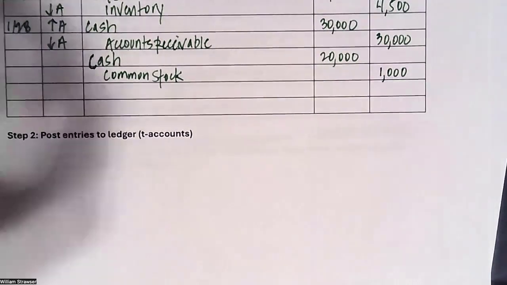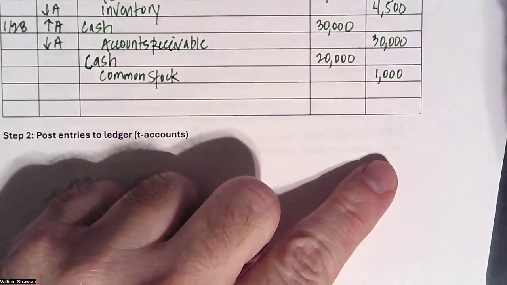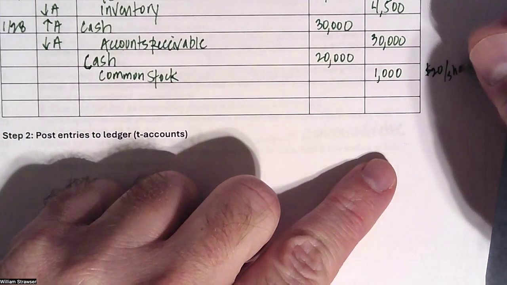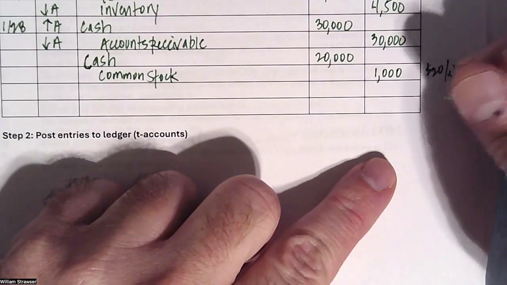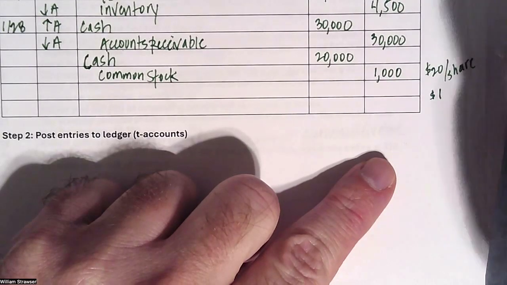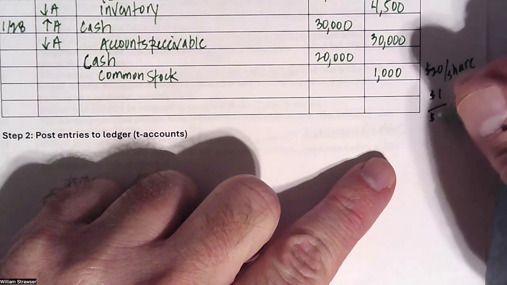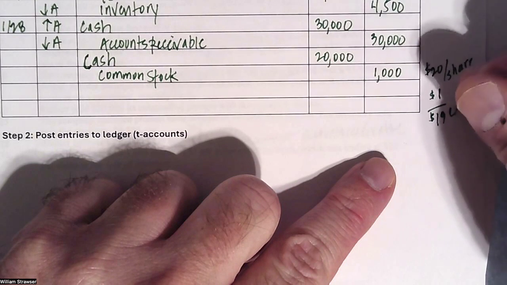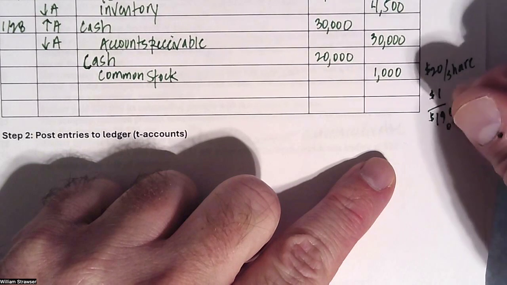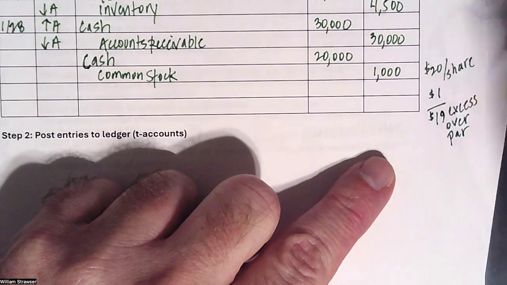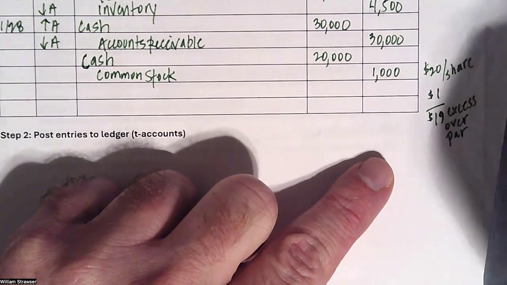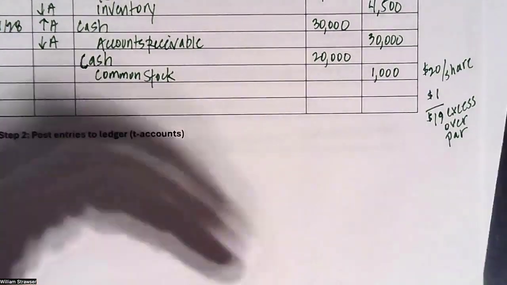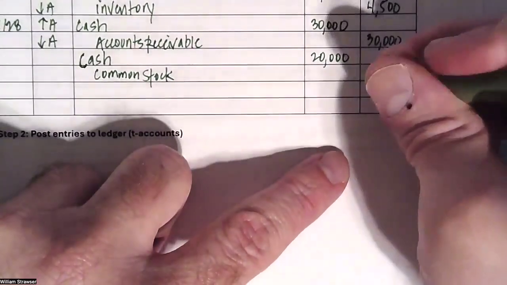The idea here is each of our new investors pays $20 per share when the par was just one. And that leaves us with $19 per share left over. So this is like a $19 excess over par. Take that and multiply it by 1,000 shares, so 1,000 shares times 19 gives me 19,000. That's the amount I'm missing here.